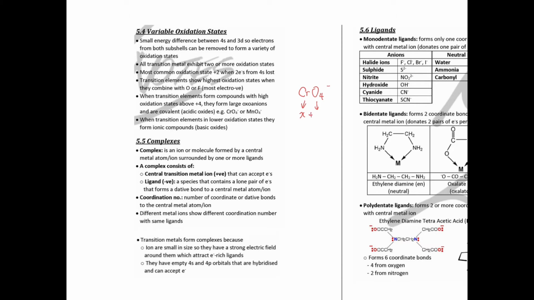The oxide is -2, 4 of them, so the overall charge is -1. If you count it, you will get -8, bring over, become +8, +7. This means chromium is taking a high oxidation state of +7.